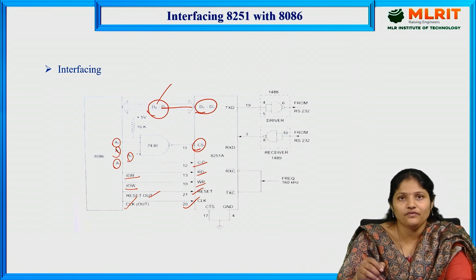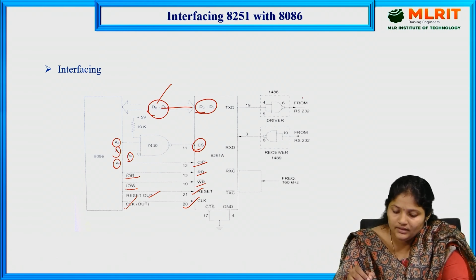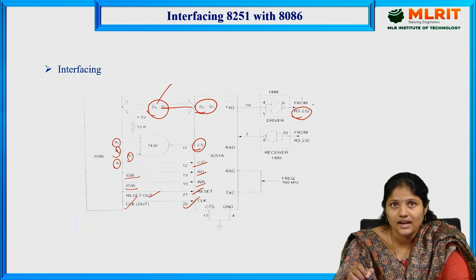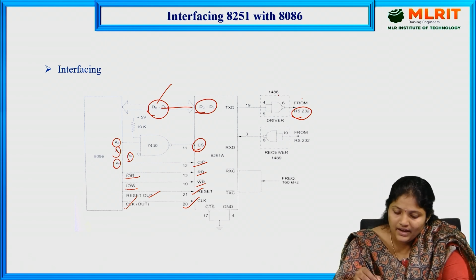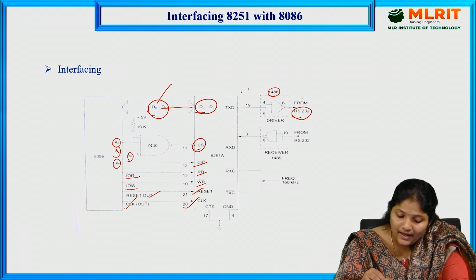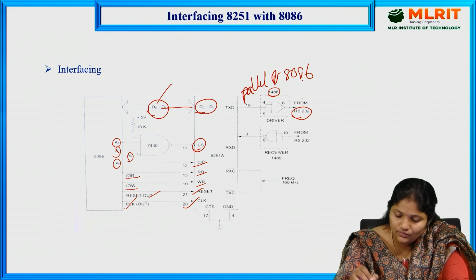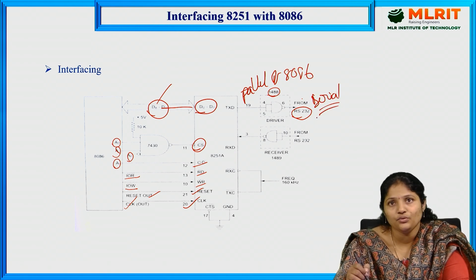So this is the 8251 USART. Here RS232 is a standard communication standard. The 1488 driver will be transmitting the parallel data of 8086 as serial data. RS232 is a standard universal bus which transmits serial data.